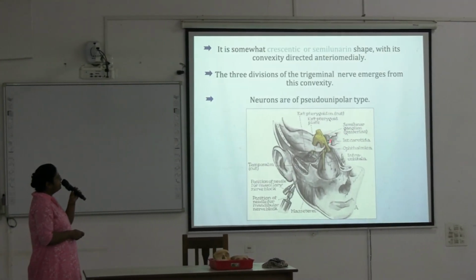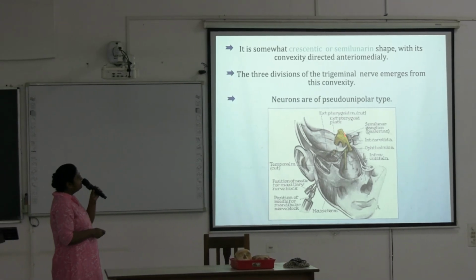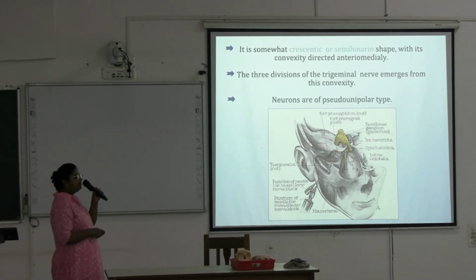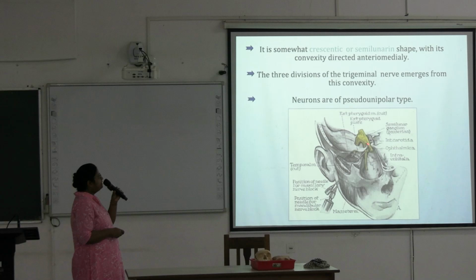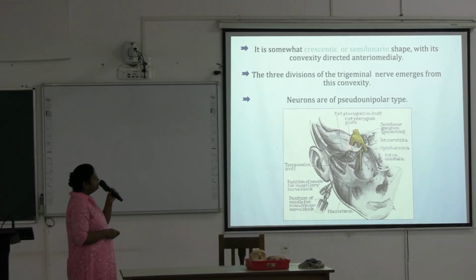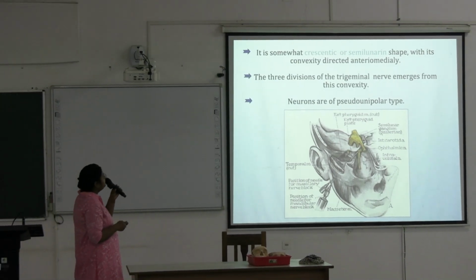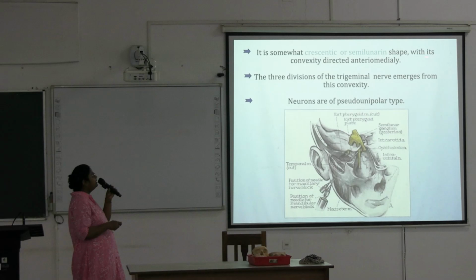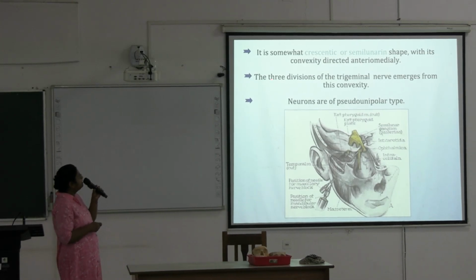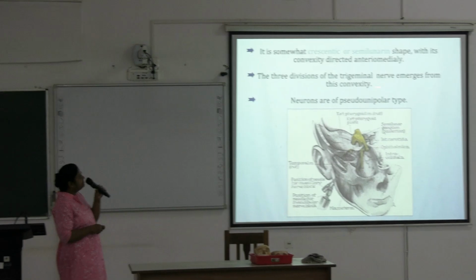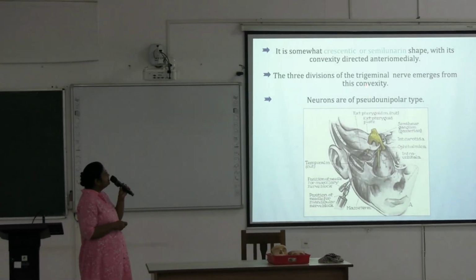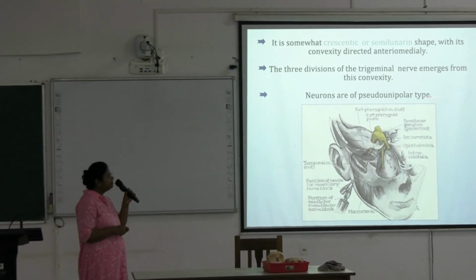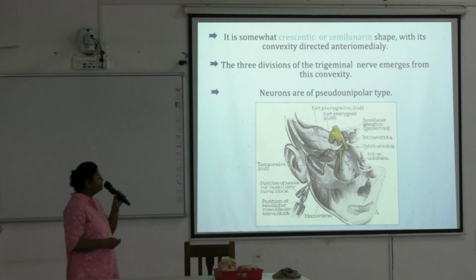See, this is trigeminal ganglion. From here three nerves are dividing: ophthalmic, maxillary and mandibular. It has its convexity directed anteromedially, and the three divisions of trigeminal nerve emerge from this convexity, and neurons are of pseudo-unipolar type.